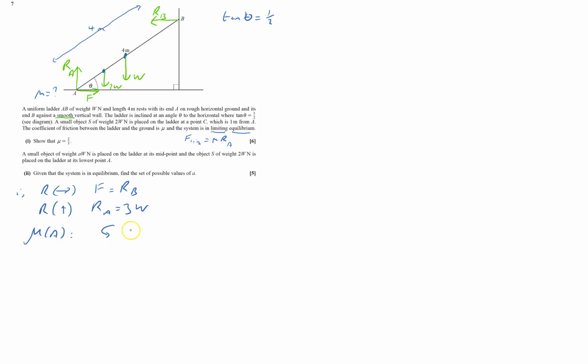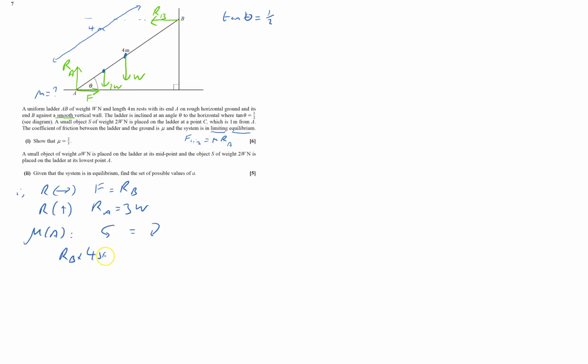I'm going to say that anti-clockwise moments equals clockwise moments. I've got RB is an anti-clockwise moment, it's going that way, so I'm going to get RB times my distance, that will dot out here. This is the distance I'm talking about, and that will be 4 sine theta.